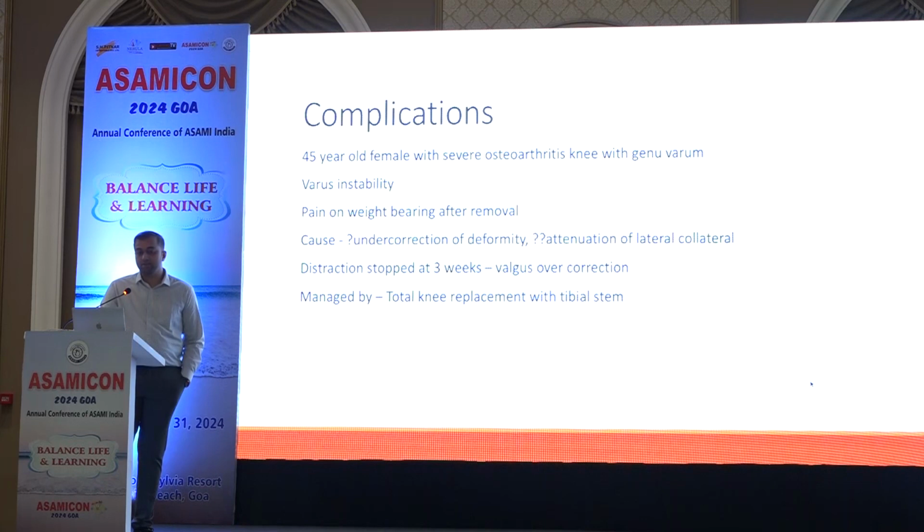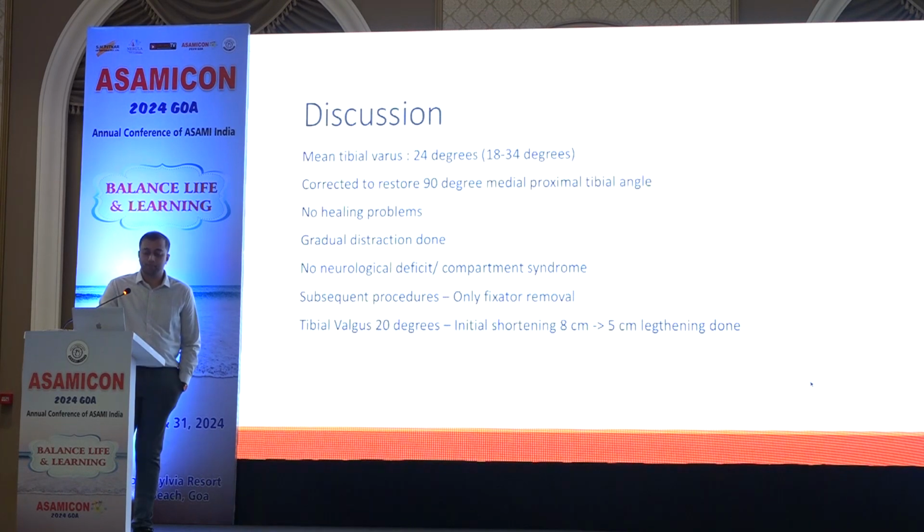The patient developed a varus instability following removal of the fixator. Even after 1 year of follow-up, the patient had pain on walking. So we suspected it could be due to undercorrection of the deformity or maybe attenuation of the collaterals. In the end, we managed it with a hinge total knee replacement with a tibial stem.